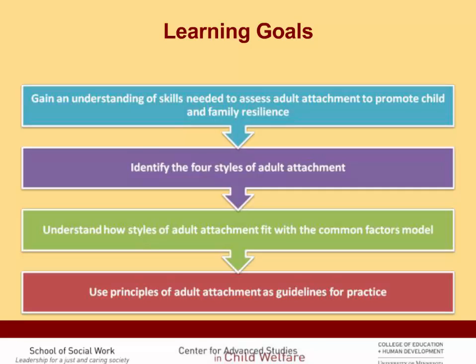And finally, the fourth goal is for you to understand guidelines for intervention and how to apply these guidelines in practice. These ideas and guidelines will be useful to you in your work with children and families where the children have experienced child sexual abuse.